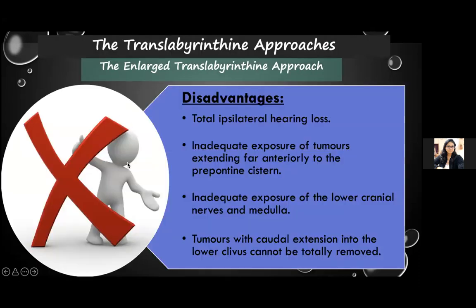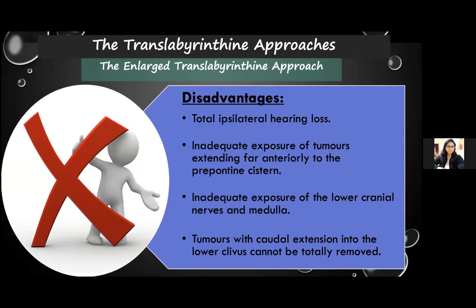Now, when we have discussed all the advantages, the main disadvantage of this procedure is that there is a total ipsilateral hearing loss. So if there is any chance of preserving the hearing of the patient, we should not be choosing this approach. Another thing is, there is inadequate exposure of tumors extending far anteriorly into the prepontine cistern.